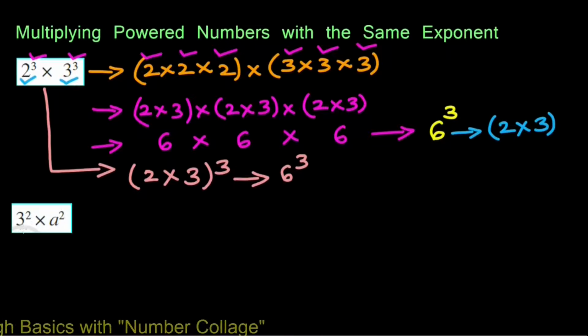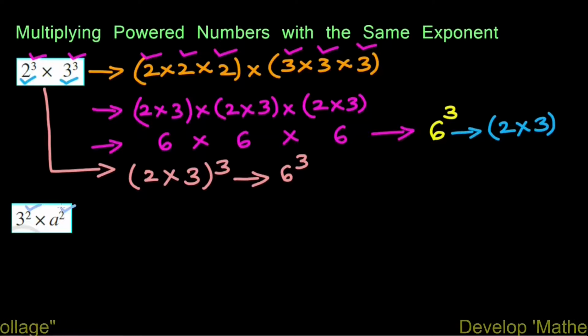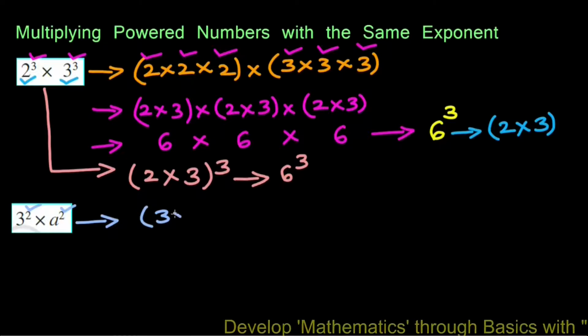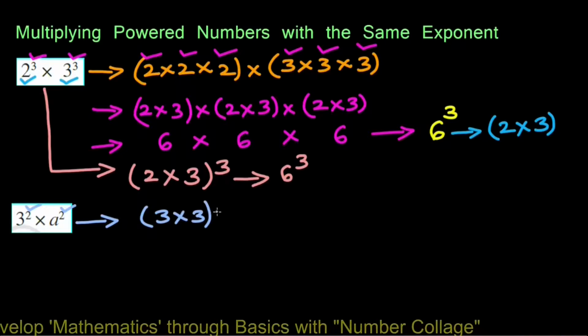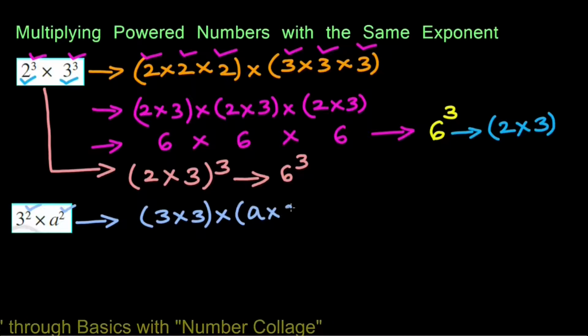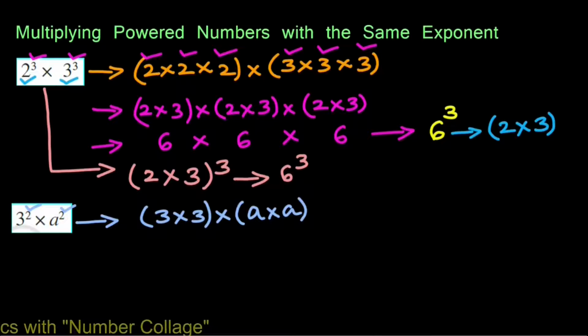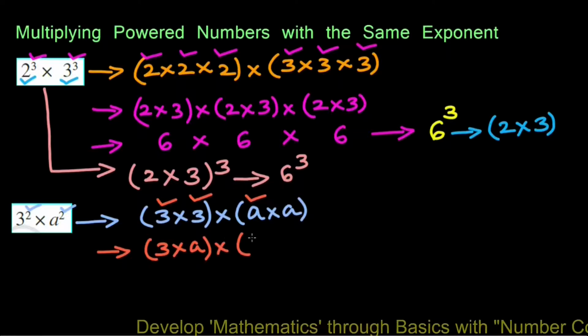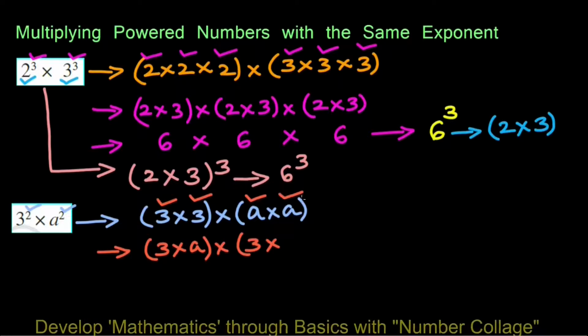Now consider 3 squared multiplied by a squared. Here the powers of the two numbers are the same, which is 2. We write 3 squared as 3 multiplied by 3, and a squared as a multiplied by a. Since the power is the same, we get two groups of this 3 multiplied by this a, multiplied by this 3 multiplied by this a.